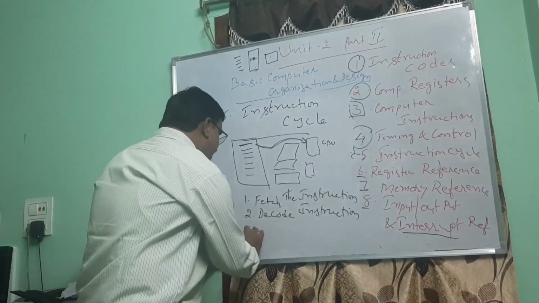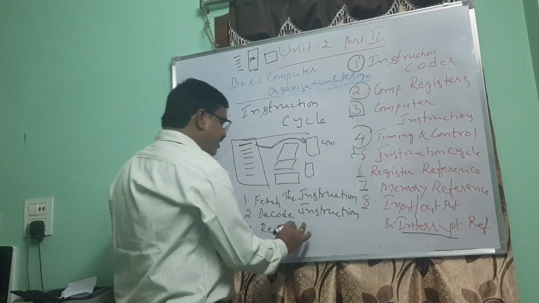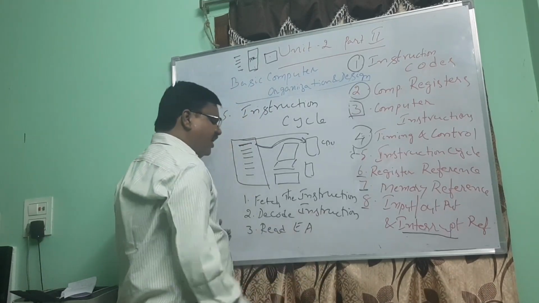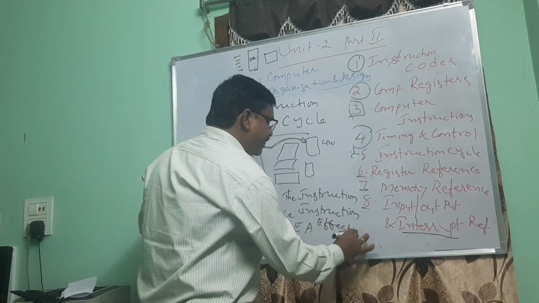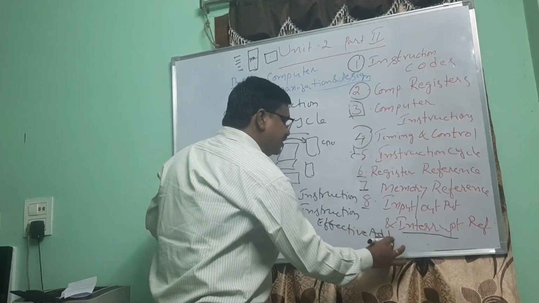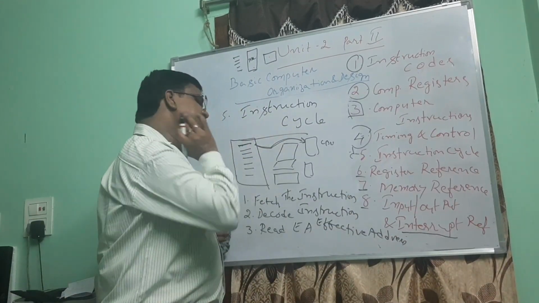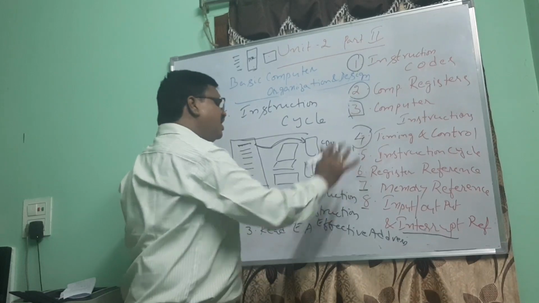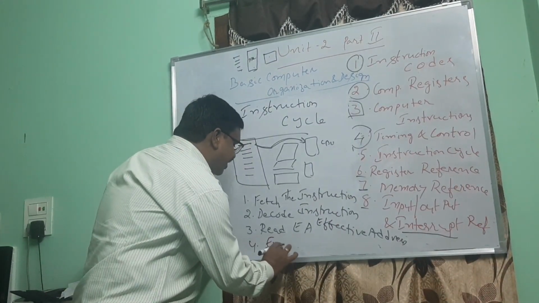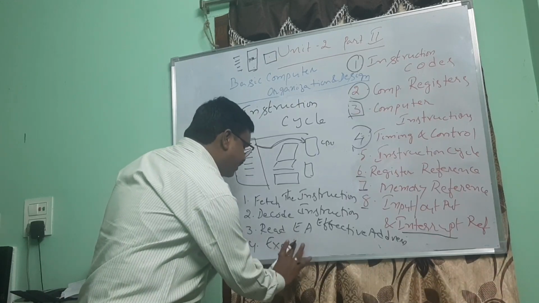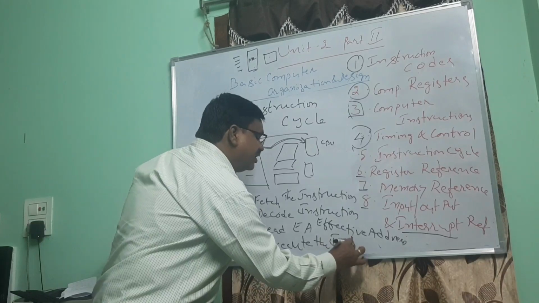Then after decoding, sometimes we need to read the EA, where EA stands for effective address. What this effective address is and why we need to read it, we will discuss in detail when we discuss the instruction cycle. The fourth one is execute the instruction.